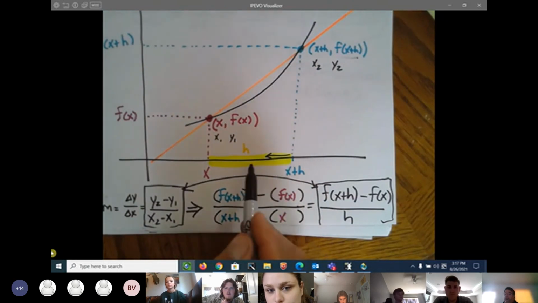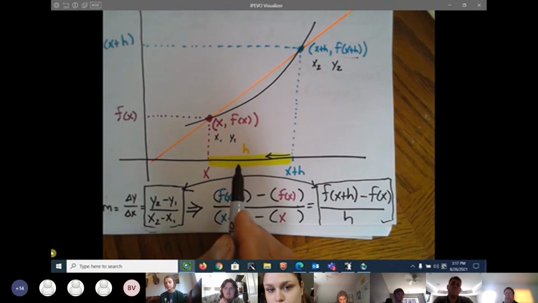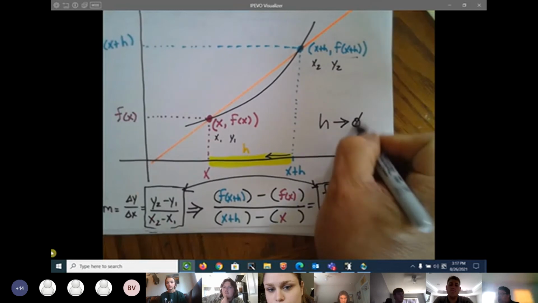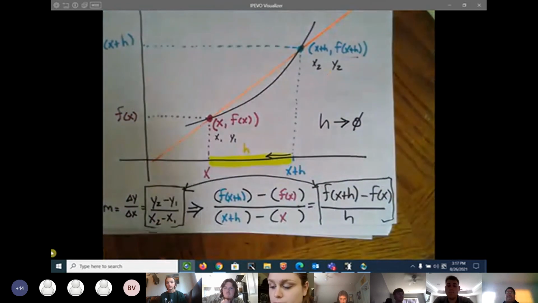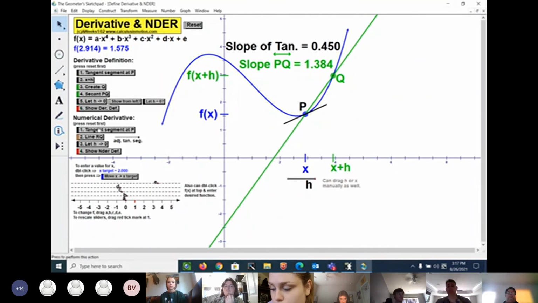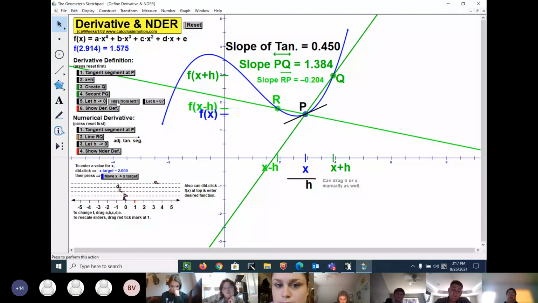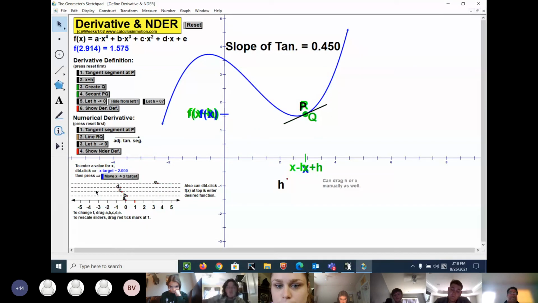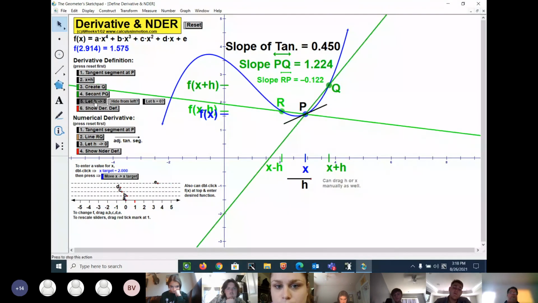Decrease h. So I need to make h go to 0. And when you do that, you basically have the secant line turning into the tangent line.